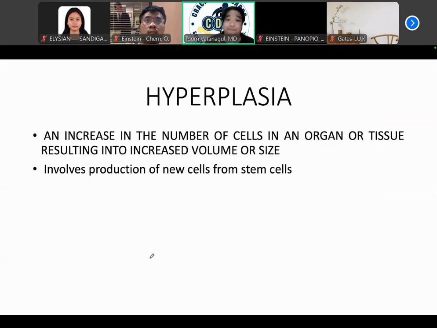Now hyperplasia, on the other hand, involves the production of new cells. So what do we call the specific stem cell that has the capability of developing into multiple types of cells?